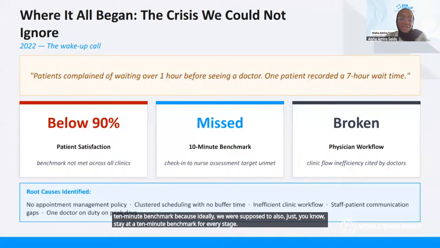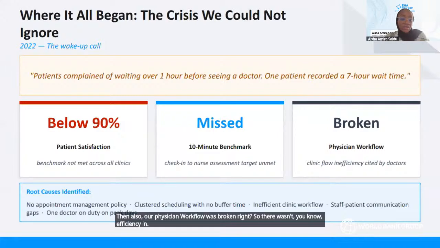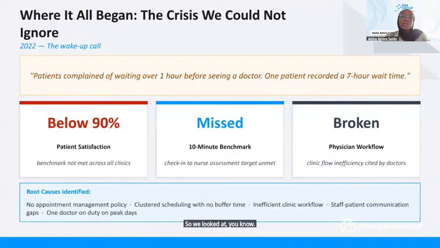So ideally, patients that were complaining of staying for about 1 hour should have just stayed for about 10 minutes. Then also our physician workflow was broken, right? So there wasn't efficiency in how our doctors were seeing their patients. So we looked at ways to really look at all these issues and see how we could come up with sustainable solutions.